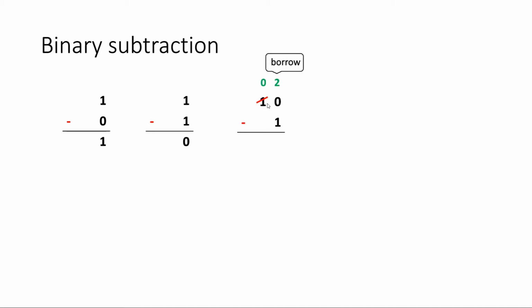So here, if we remove this 1 from here, it gives us a 2 in the first position. So 2 minus 1 will be 1, and we write it down here, and this 0 is also moved down here. So now let's see with more examples.